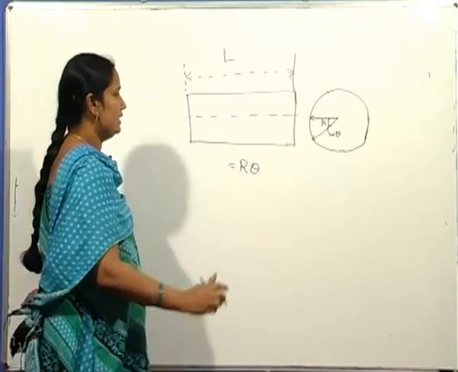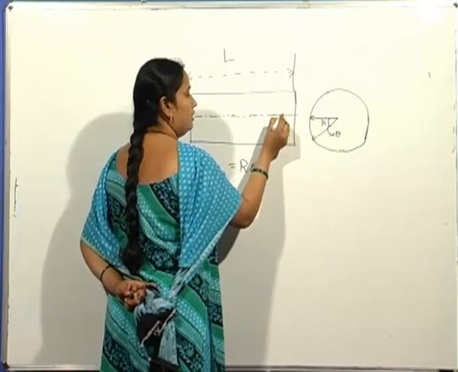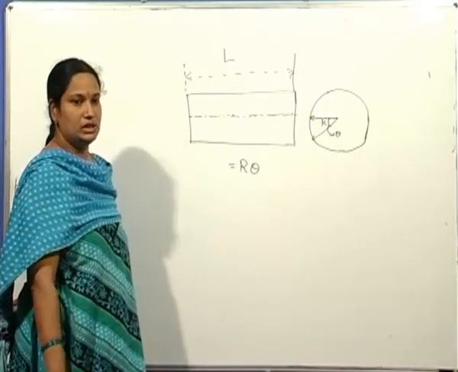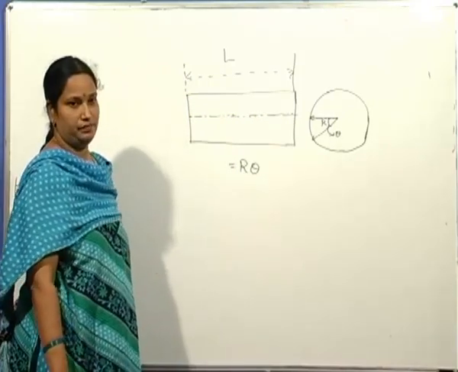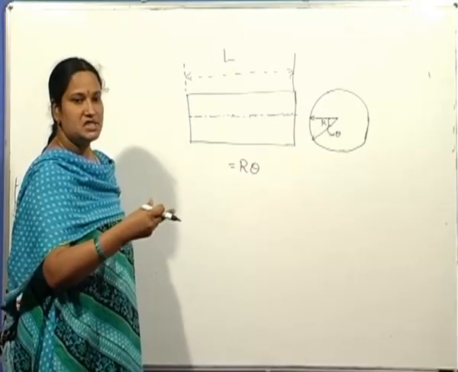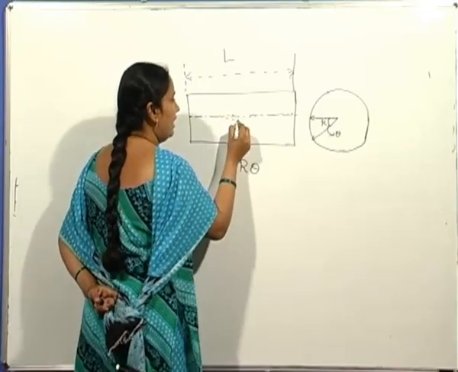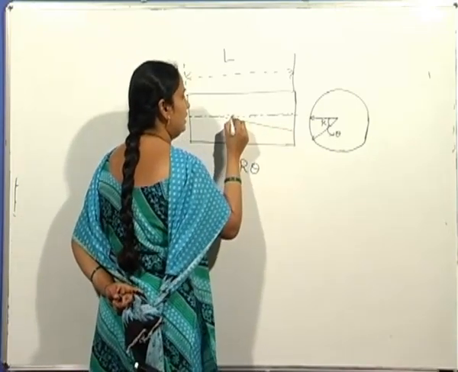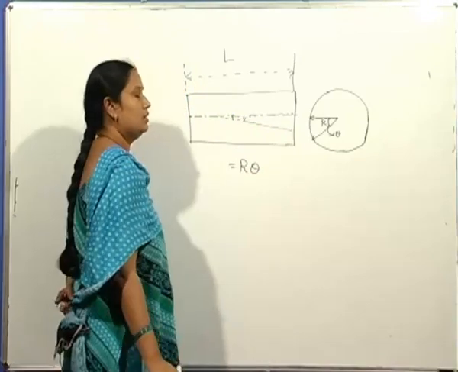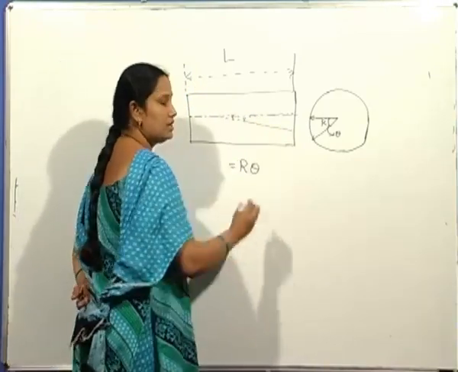Now similarly, consider a line drawn parallel to the axis of the shaft. Due to this torque or twisting moment, this line is displaced to an angle gamma. The angular displacement of this line is gamma.